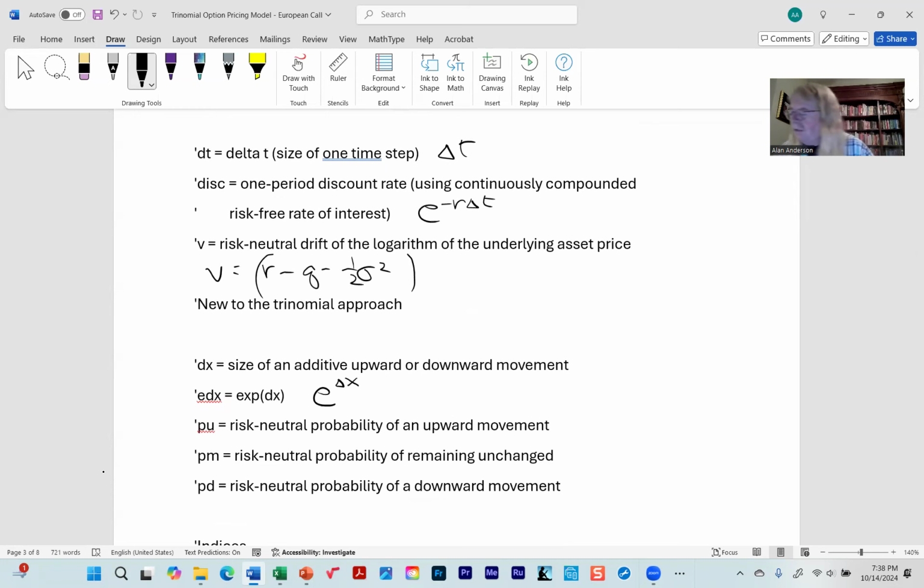As you saw, we've decided that delta x equals sigma radical 3 delta t. But within a logarithm model, we're going to need to multiply to get up and down. We're going to need this term e to the delta x. And then, of course, we'll have the three formulas I just showed you for PU, PM, and PD.